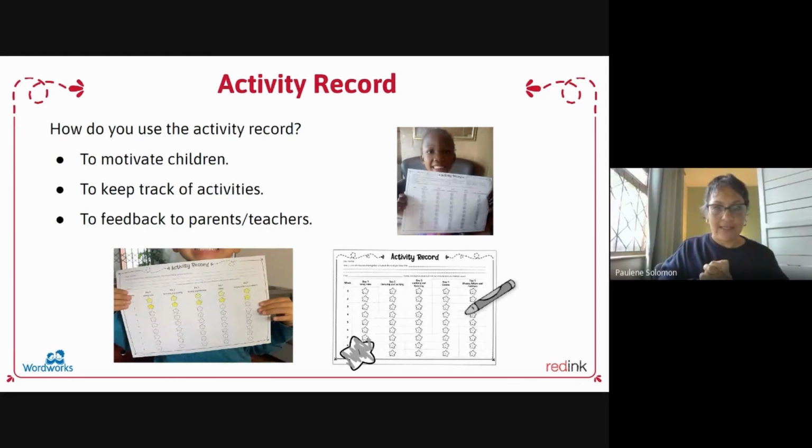Don't stop there. If you've got the time, say to them, what did you enjoy the most about today's activity? So they've colored it in, now there's an engagement. So you're actually helping children to think about their learning, which is quite a complex skill. But we do it in a fun way.